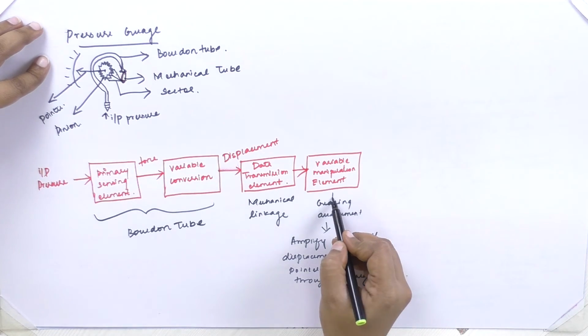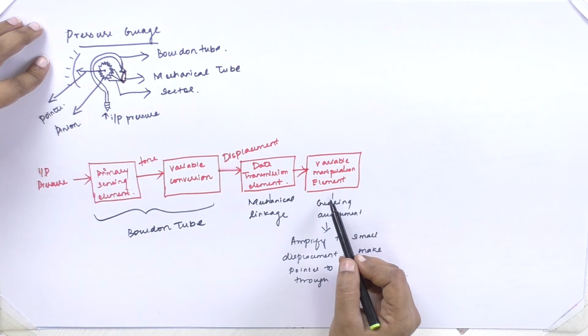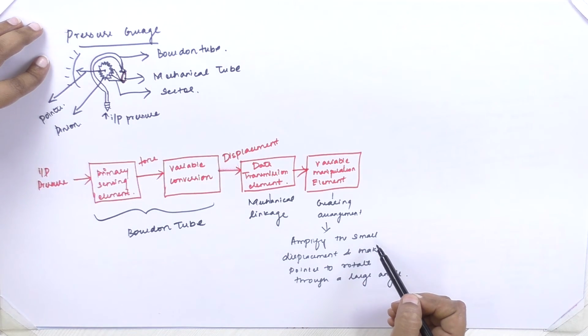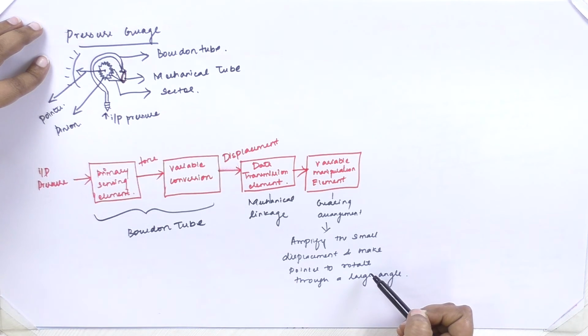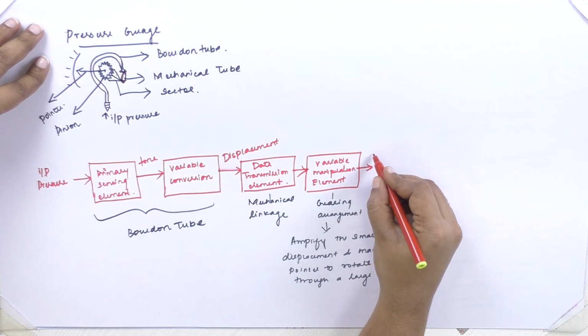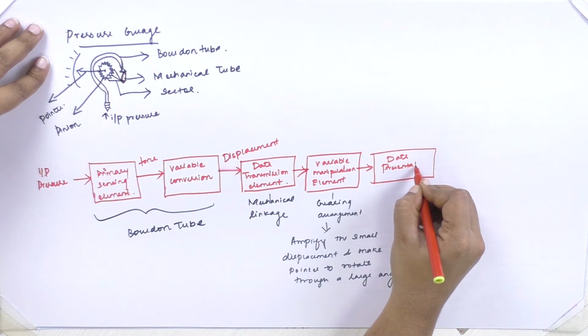This will be done with the help of this gearing mechanism, which acts as a variable manipulation element. That is, it is amplifying the small displacement into a large angle. So, the next element will be the data presentation element.